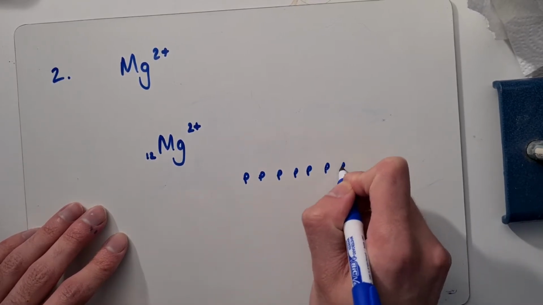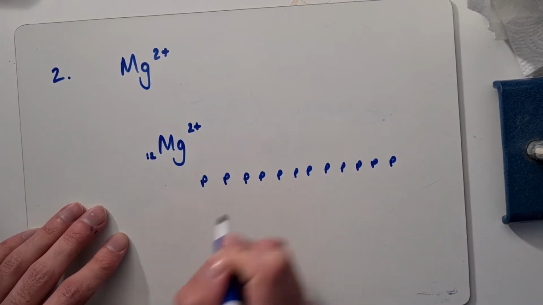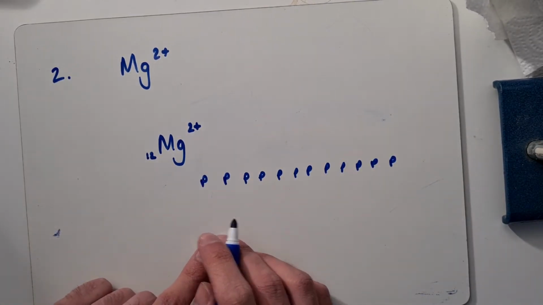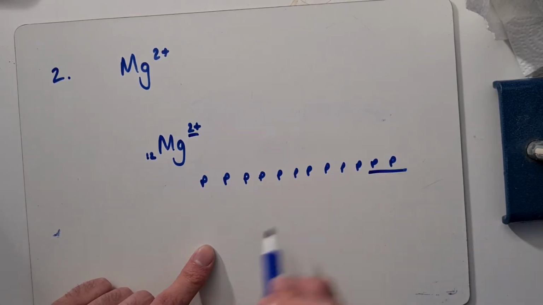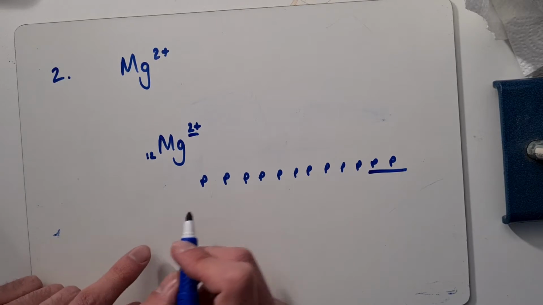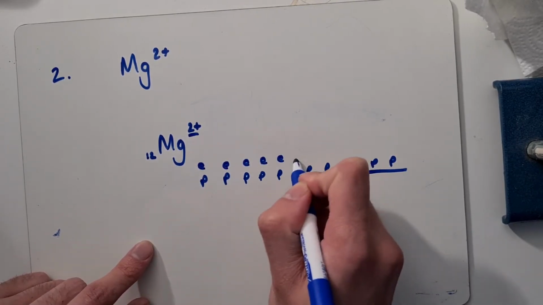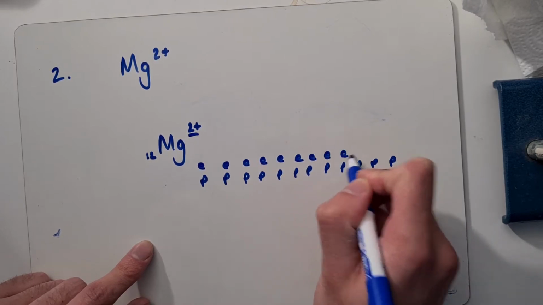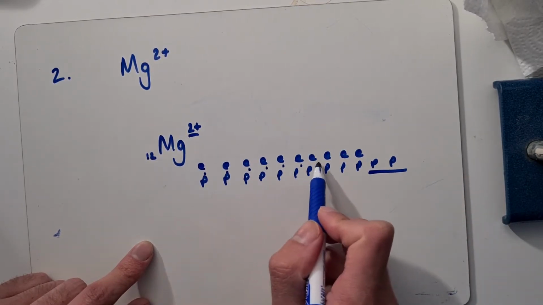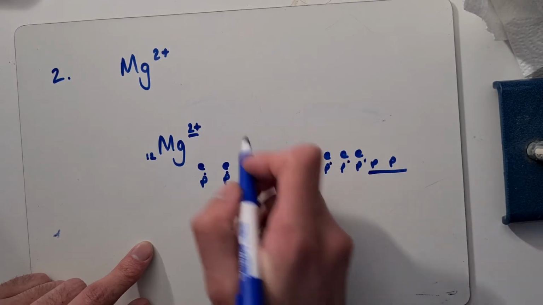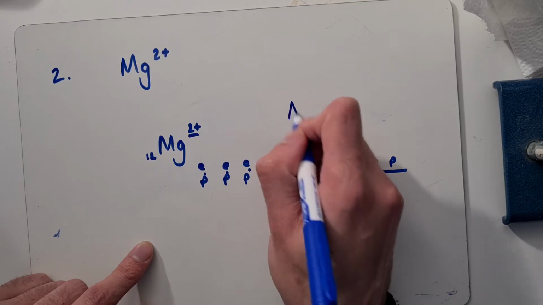In order for it to have a 2 plus charge, there must be 2 more protons than electrons. So I'm going to match up everything but the first 2, and that gives me 10. So it must have 10 electrons. So the answer to 2 is A.